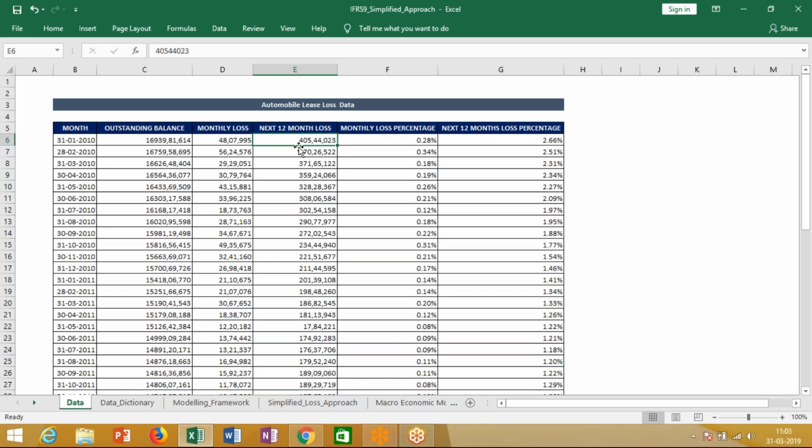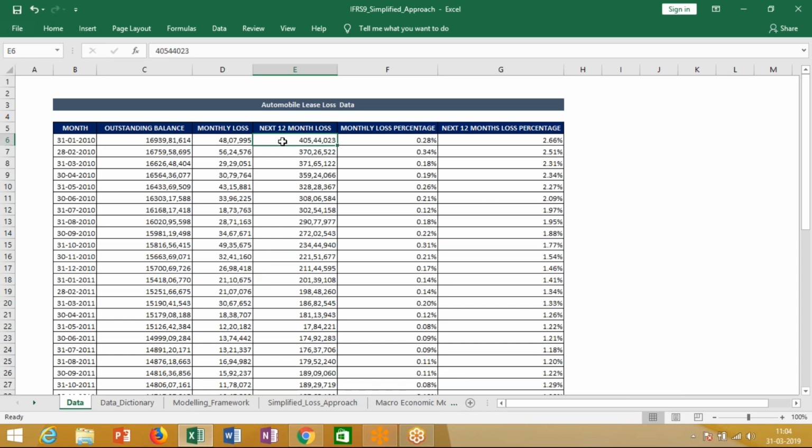Let's say I'm standing as on 31/1/2010. I have these 12 months of loss, and if I add these loss figures up, I should ideally get this loss.